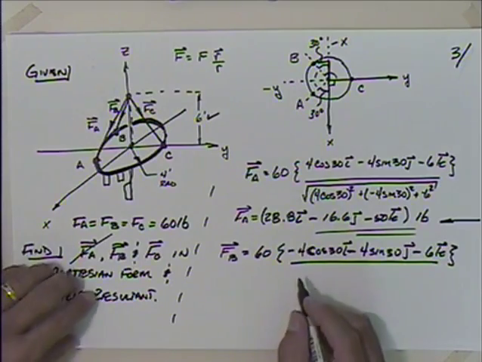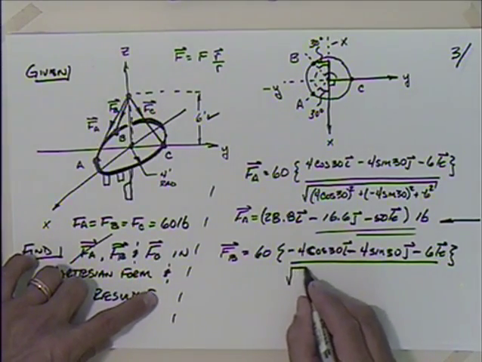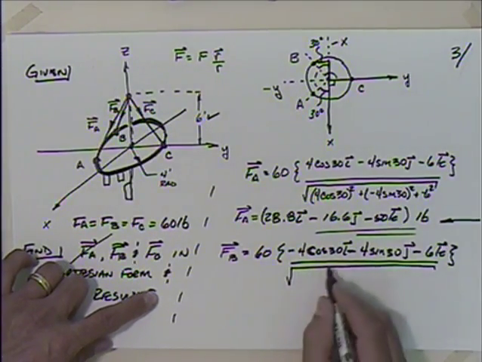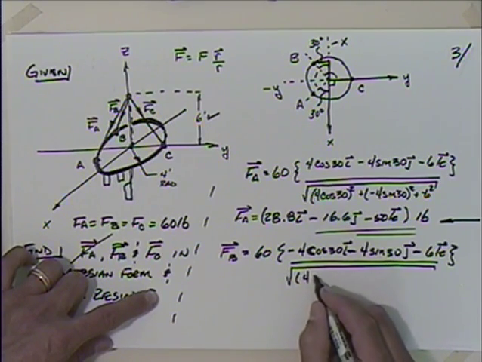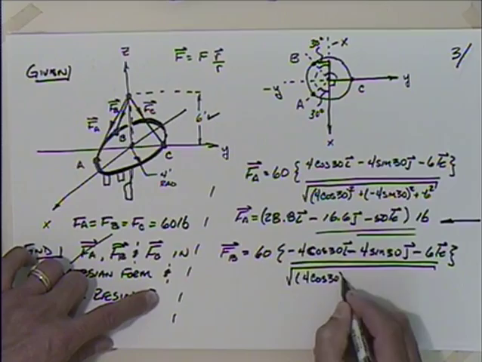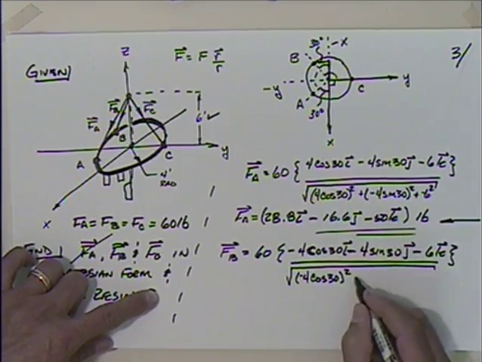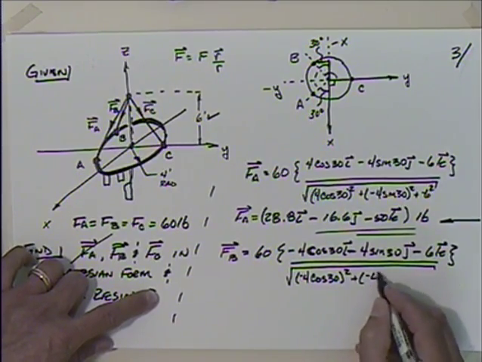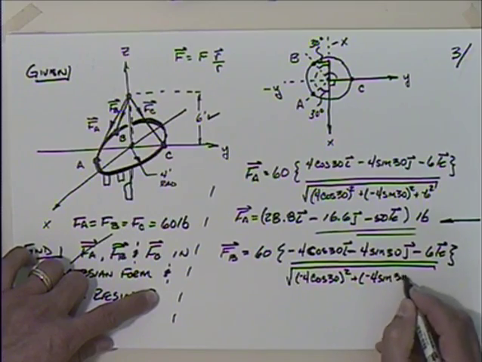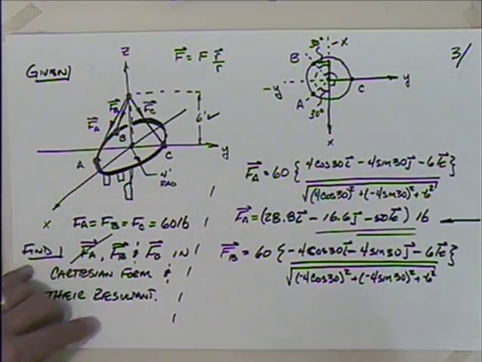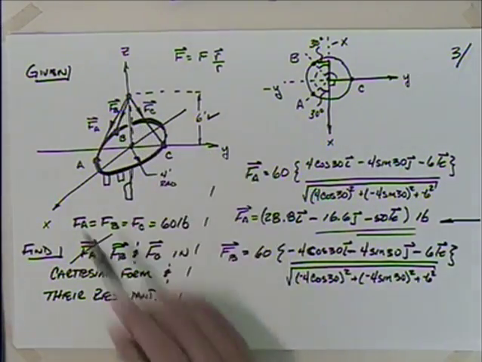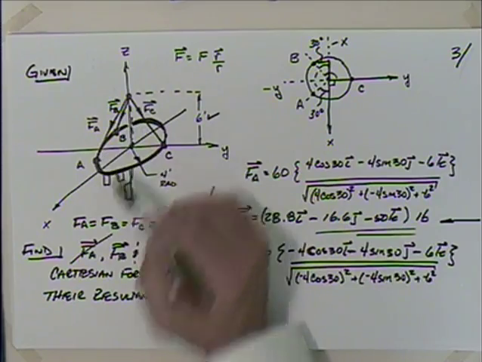Okay, I think we're okay. So then the denominator here, the magnitude, would be 4 cosine 30 squared, and you can put the negative in there, plus a minus 4 sine 30 squared, plus a minus 6 squared, right? And actually, from the geometry, this really represents the distance from there to there.